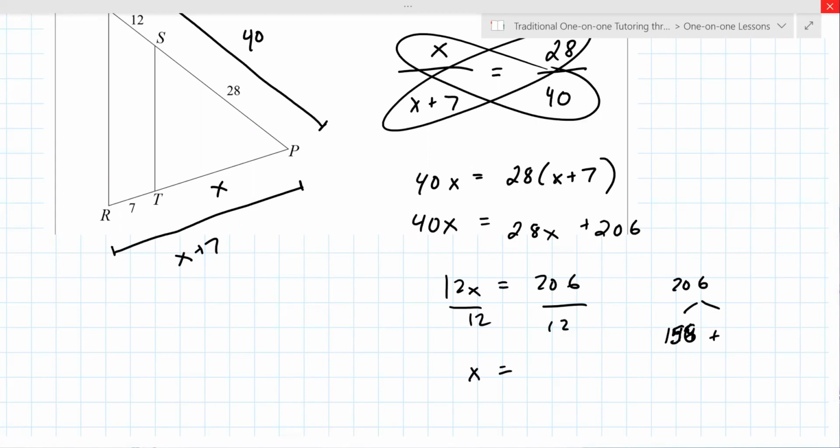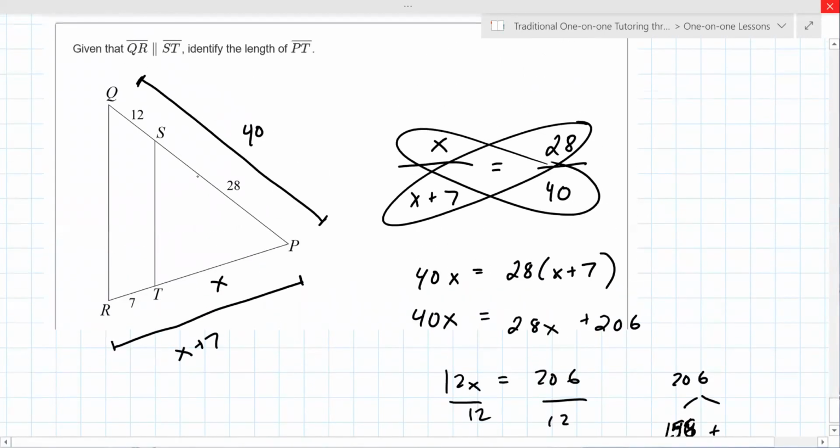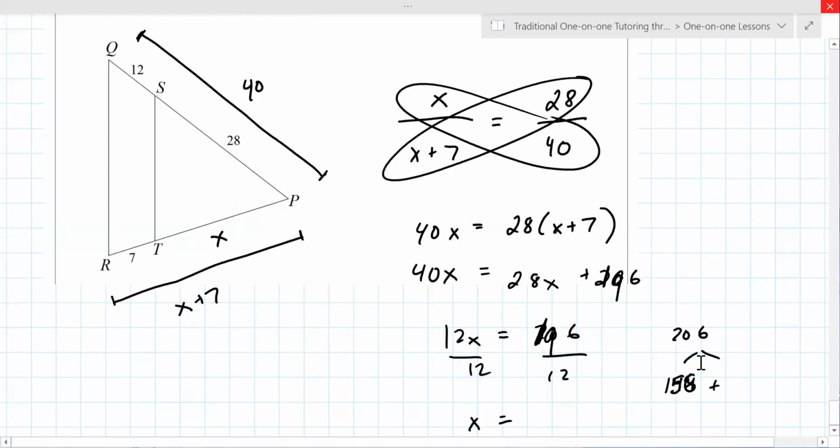Yeah, interesting. 17.16666, etc. So did we make a mistake here? So that's 30 and then 40. So X is 20, check 7. 28 times 7. Maybe that's the mistake. It is. It's 196. Yeah. There it is. So that's 196 divided by 12.